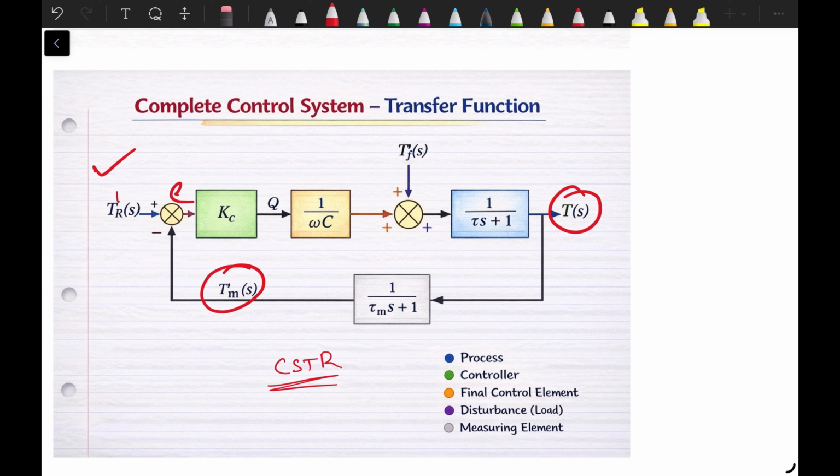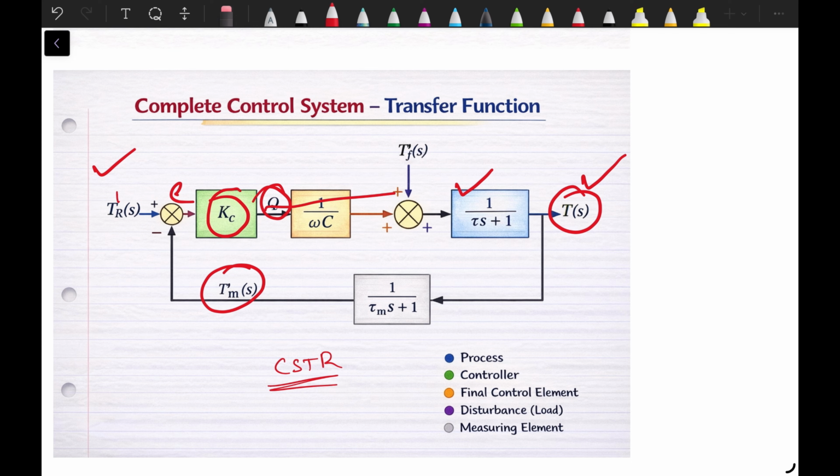Then the controller multiplies the error signal by Kc, and then the final control element adjusts the heat input Q of S, and then the process receives the input and produces a new output temperature.